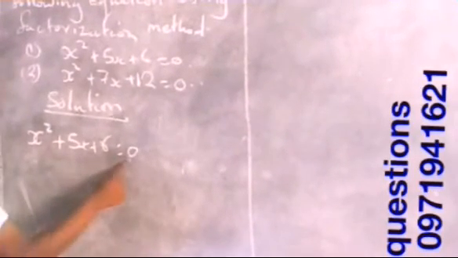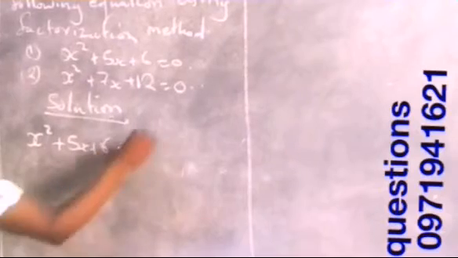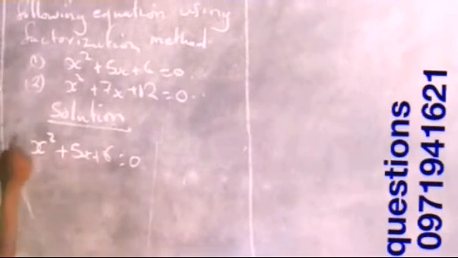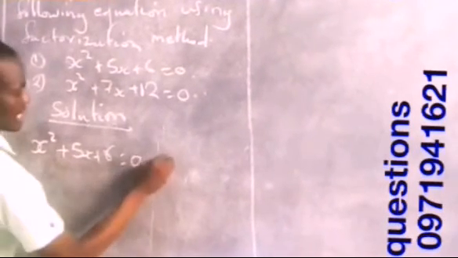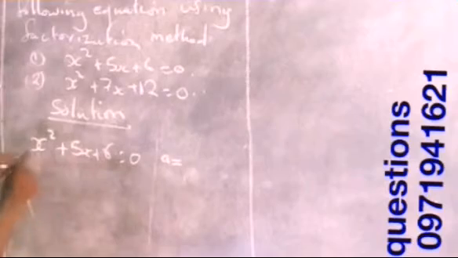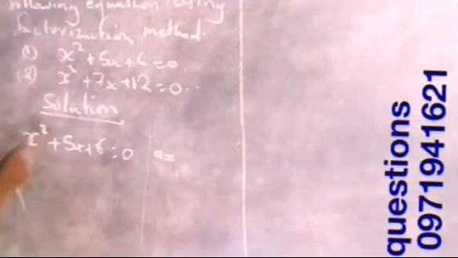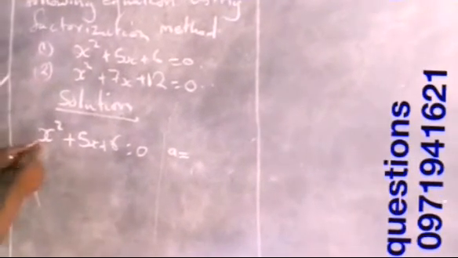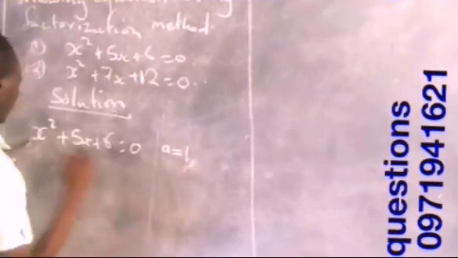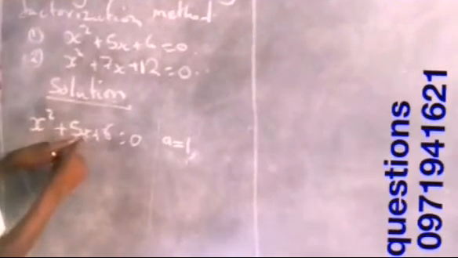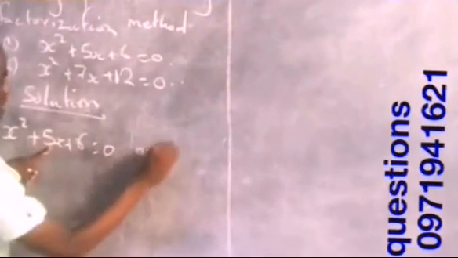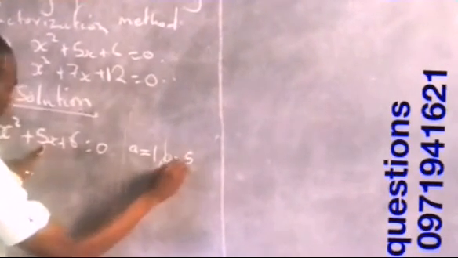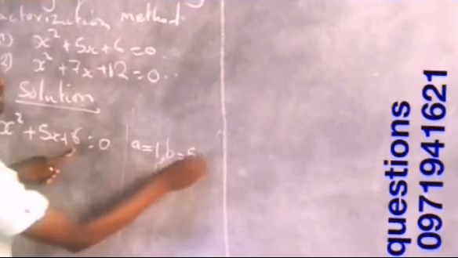We first need to factorize this equation. Say a is the coefficient of x squared, which here is 1. b is the coefficient of x, which is 5. c is the constant.